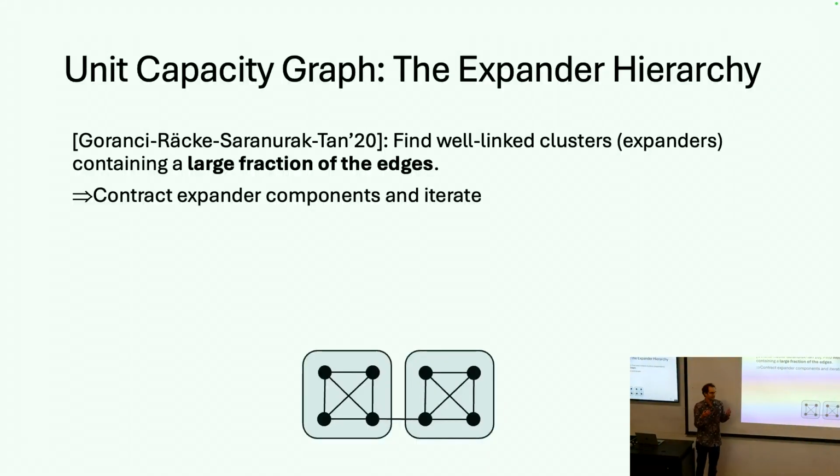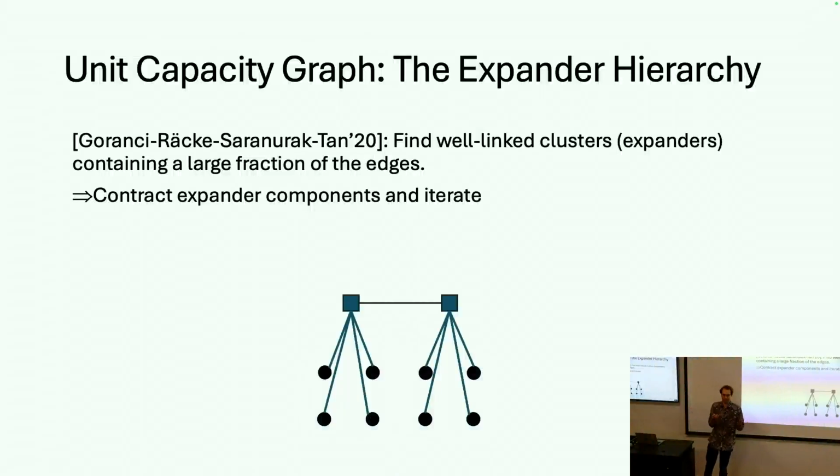And then there's this expander hierarchy due to Goranci, Räcke, Saranurak, and Tan, which just says, do what we learned before, replace these expander components with trees, and the edges that go across, you just promote up. And then you do it again. And this time, this will be an expander, so you end up with this kind of a tree.